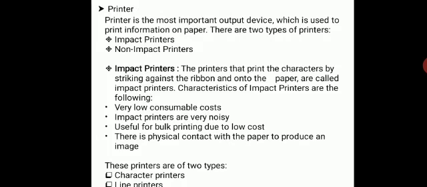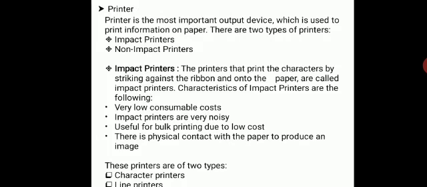The characteristics of impact printers are the following: very low consumable cost. Impact printers are very noisy. Yes, we know this from a bank section or railway station, where it is done with heavy noise. Useful for bulk printing due to low cost.